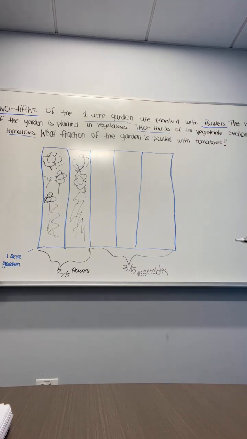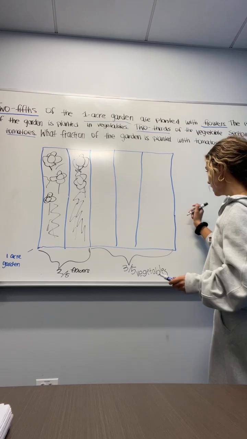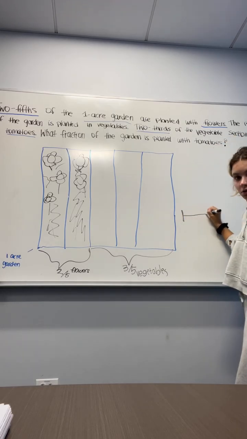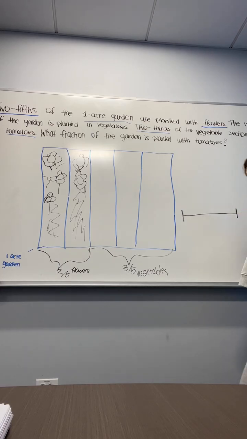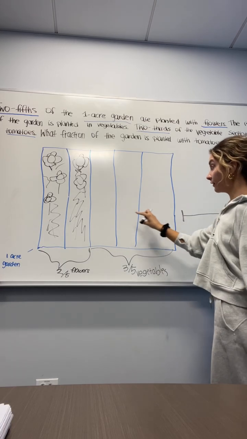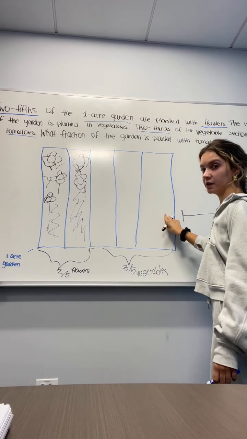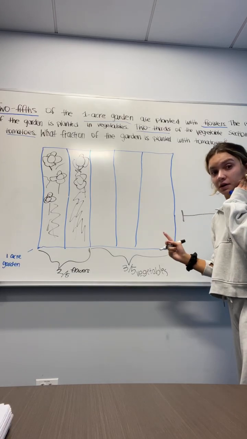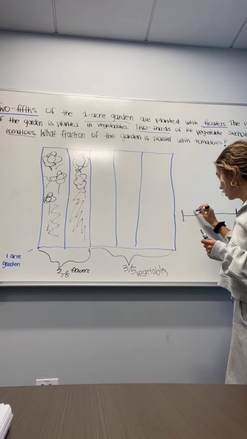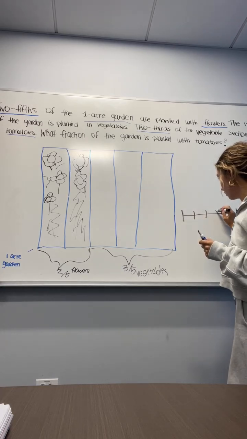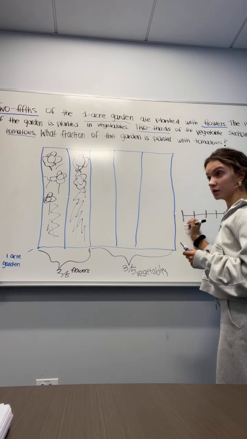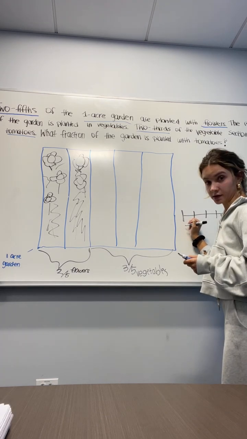If we take a number line, for example, and we have fifths here, right? We divided it into fifths. So I'm gonna do the same thing to our number line over here, okay? So 1, 2, 3, 4. Every number line starts off at 0.